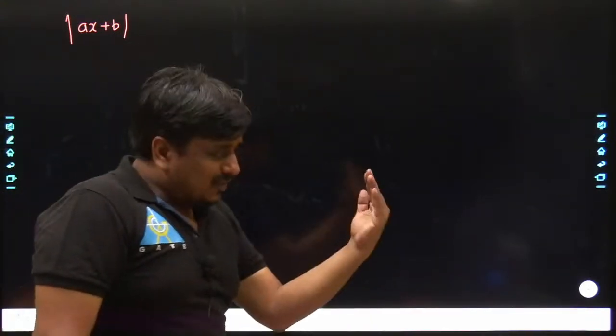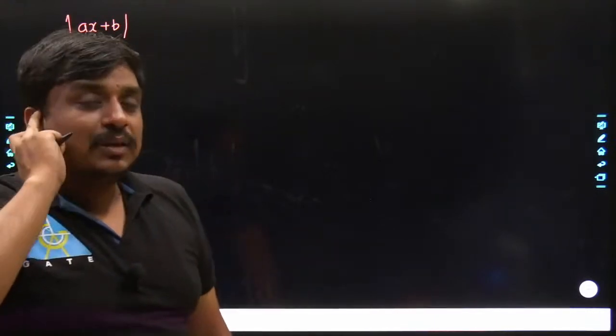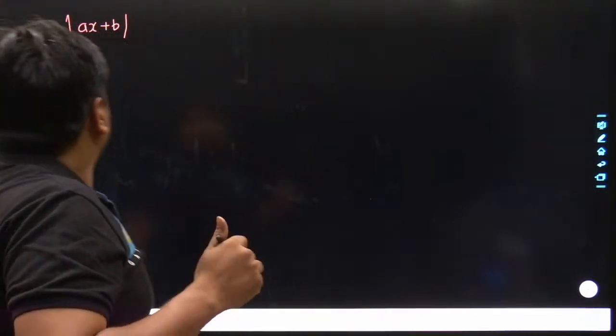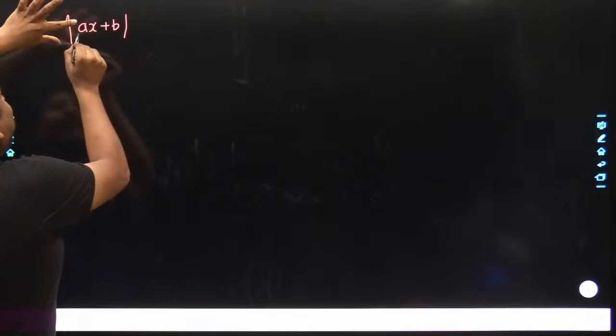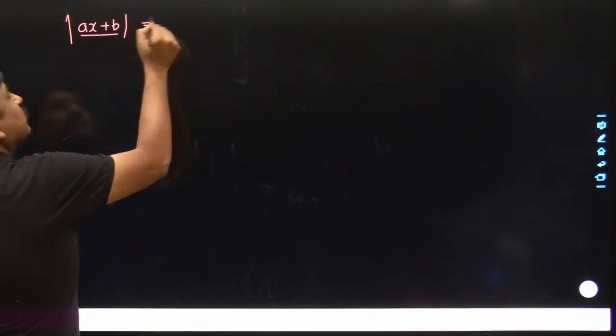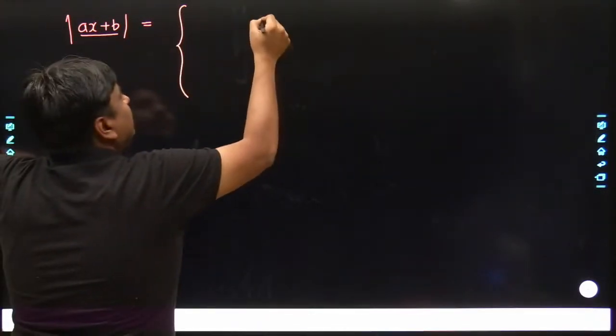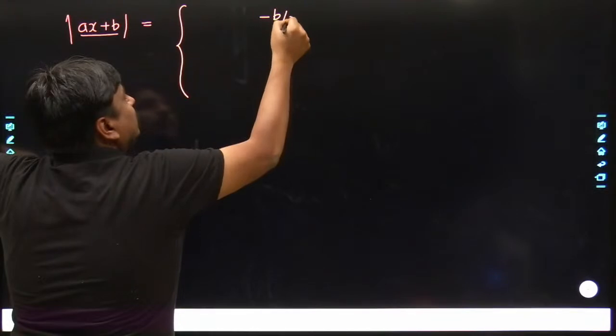Secondly, what would be the nature of the function towards the left hand side of the critical point, and similarly towards the right hand side of the critical point? Tell me. What do we have to do? We have to just compare ax plus b equals 0. So the value of x which comes to mind is simply going to be minus b by a.